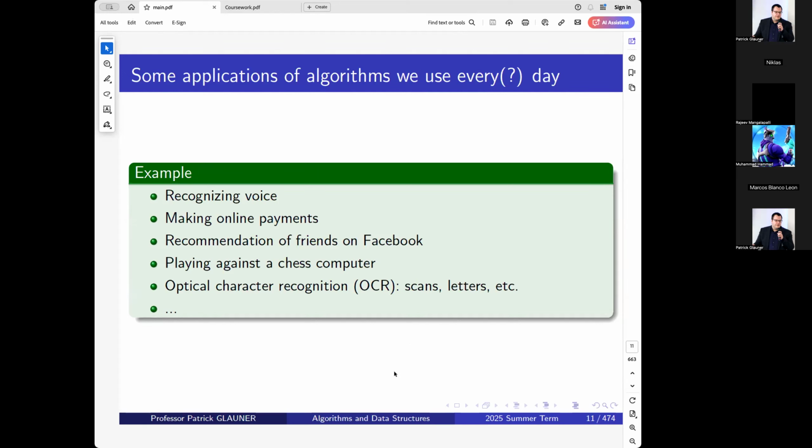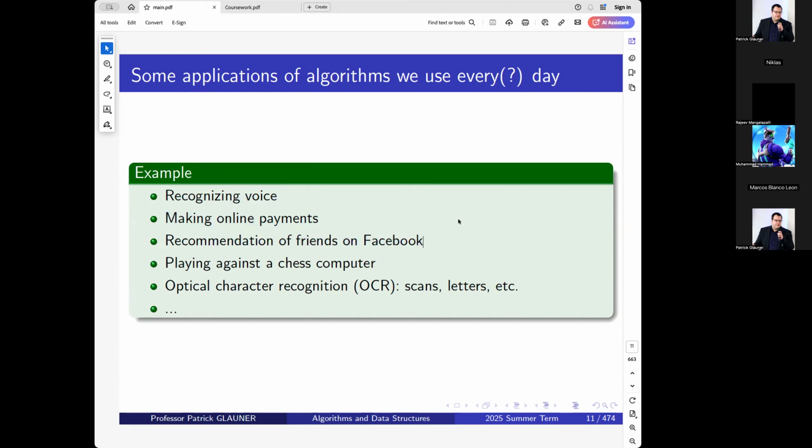And all of us use applications that take advantage of somewhat sophisticated algorithms. For example, many of us use voice recognition, which is in fact quite a complex algorithm, or rather there are complex algorithms for voice recognition. We make online payments.